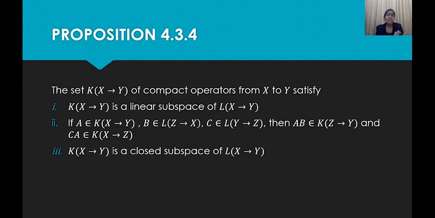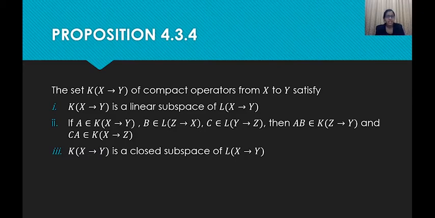That is, if A is a compact operator and B and C are bounded operators, with A from X to Y, B from Z to X, and C from Y to Z, then AB is also a compact operator and CA is also a compact operator.